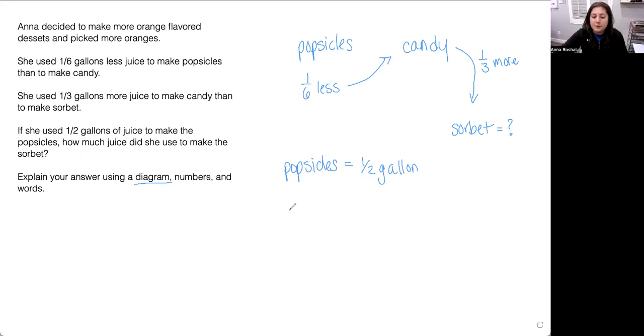So okay, a popsicle is 1/2 gallon. Popsicles are 1/6 less than candy, which means if I take my 1/2 gallon and I add 1/6 of a gallon to it, I will end up with how much candy I have. And then if I add 1/3 to that amount, I will end up with the sorbet that I have.